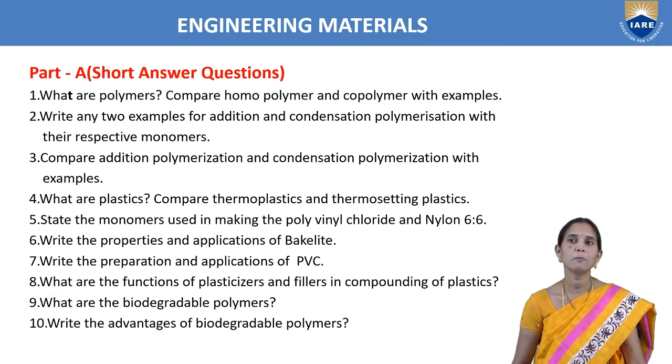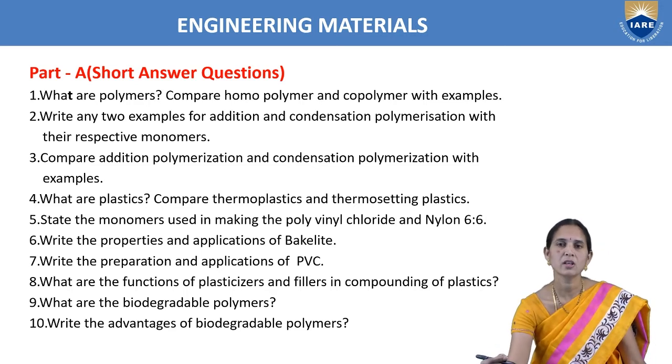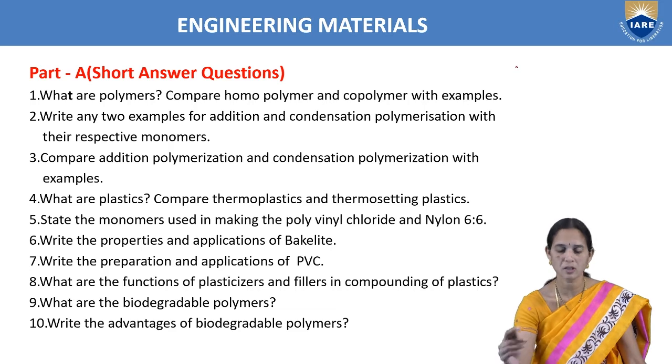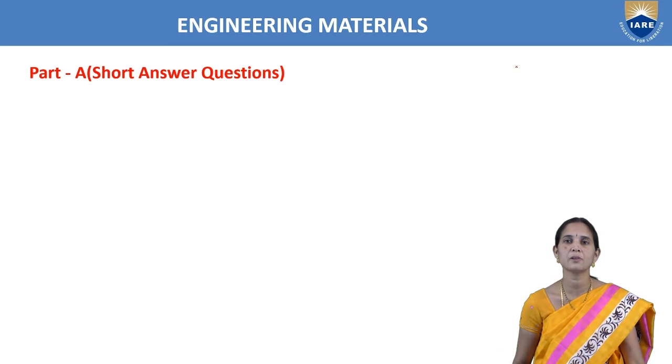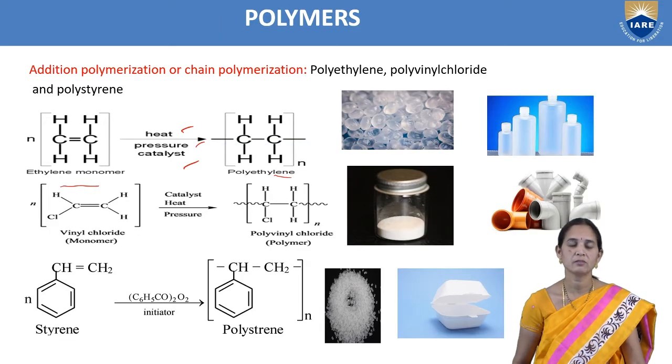So, compare homopolymer and copolymer. There are 2 types of polymers, homopolymer and copolymer. Homopolymer means we take the same kind of monomers. For example, polyethylene, polyvinyl chloride, polystyrene.